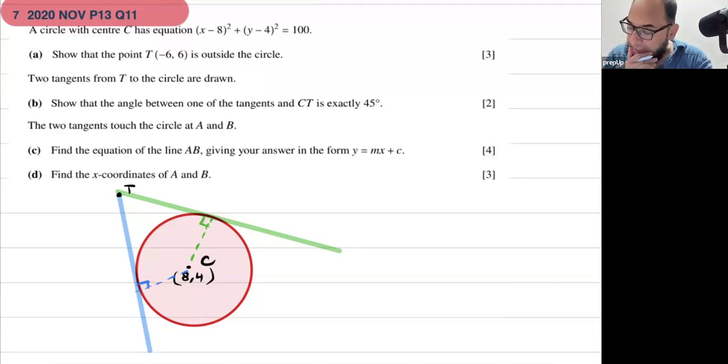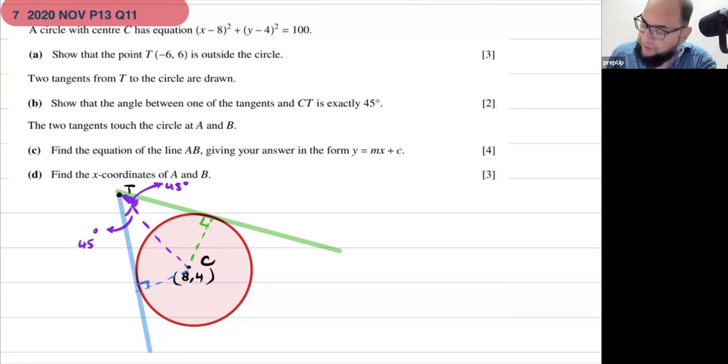Now the angle between one of the tangents and CT comes out to be 45 degrees. That means it's trying to imply this: this is CT and this angle is 45 degrees. So we have to prove that either this angle or this angle, they both are 45 degrees.